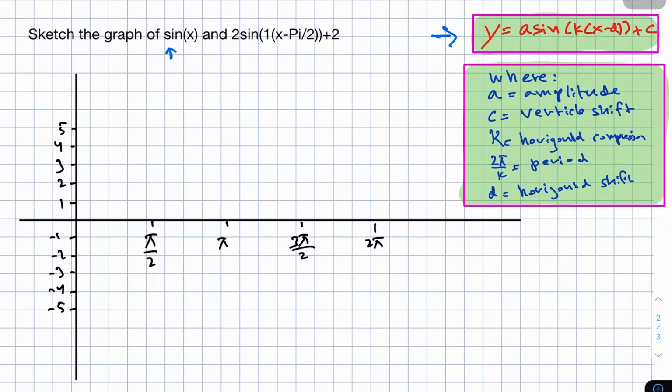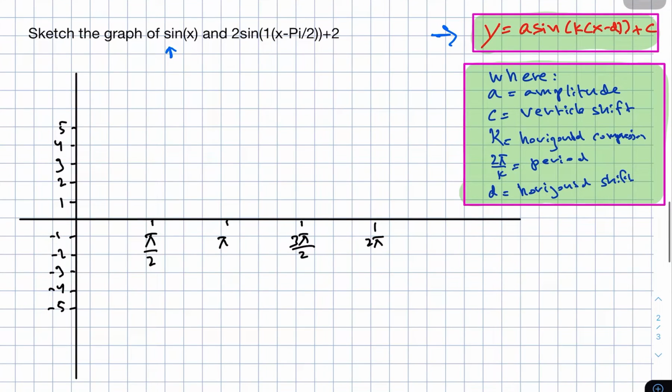So let's start off by making the function for sine of x. So sine of x would look something like this, where the amplitude is 1, the period is 2 pi, and that's our answer.